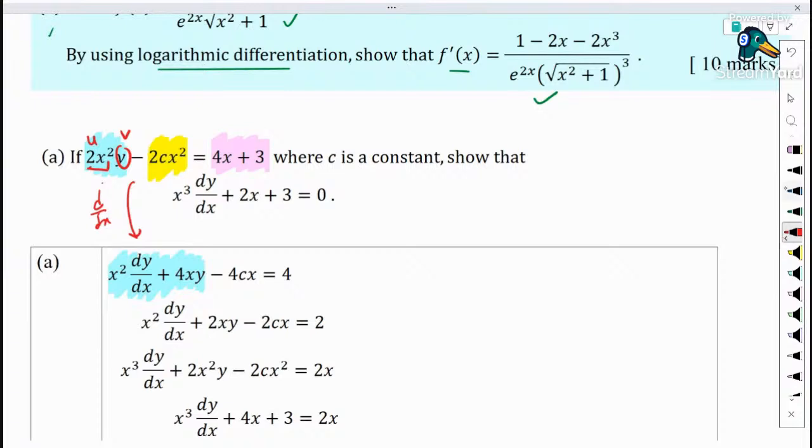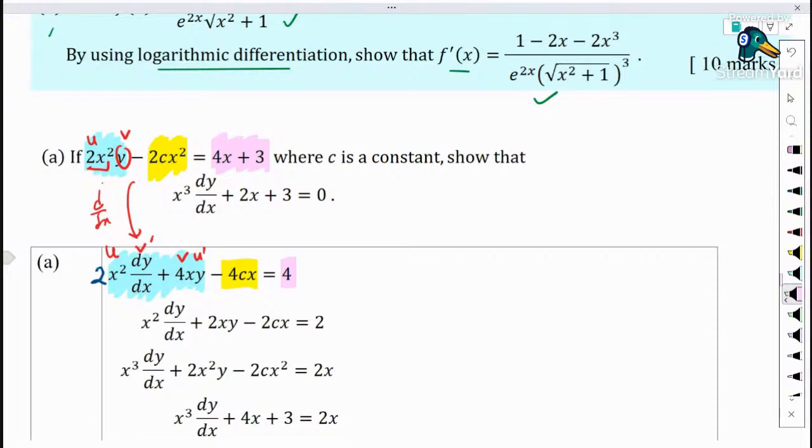Maybe it's a typing error. It should be 2x squared. So I should have u v prime plus v u prime. Then for the part in yellow, when I differentiate, I get minus 4cx. For the part highlighted in pink, when I differentiate, I get 4.